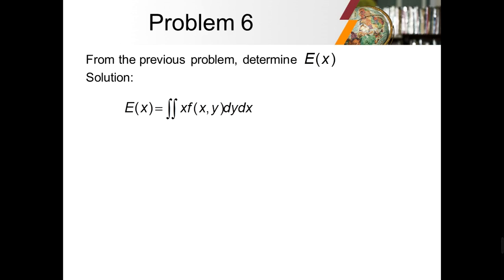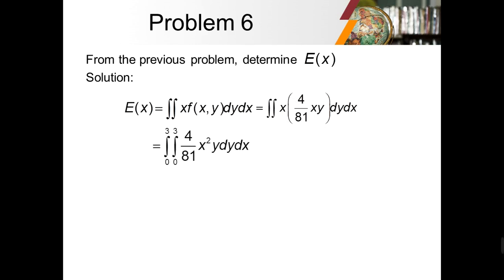Kasi dalawa yung ating variable, dy dx. Okay? So, ang ating function is 4/81 xy, kasi x ang ating multiplier dito kasi mean value ng x. Pag ang hinanap ay mean value ng y, edi y. Okay? So, ilalabas lang yung 4/81, magiging x squared y dy dx.